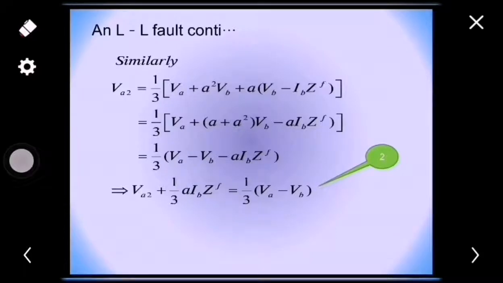Now equation number 1 and 2 both have the same right hand side, so we can equate them, and ultimately we will be in a position to derive the relationship between VA1 and VA2. Equating equation number 1 and 2, also substitute IB on both sides as IB1 plus IB2 plus IB0, and replace IB1 by A square IA1, IB2 by A IA2, and IB0 by A IA0.